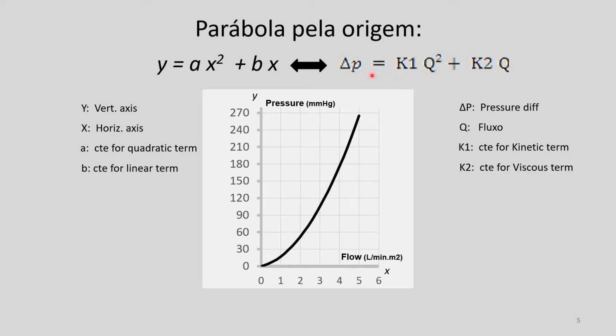So the pressure difference is equal to a constant that multiplies the flow squared plus another constant that multiplies the flow itself. And this equation is called the Rohrer equation. And these are the notations: K1 and K2 are constants, Q is flow, and delta P is pressure difference.